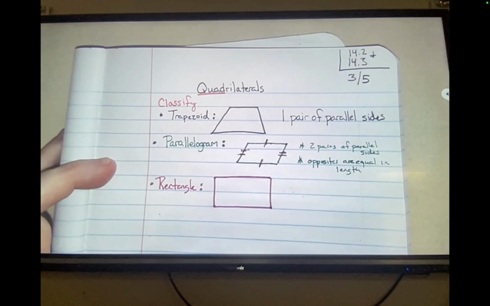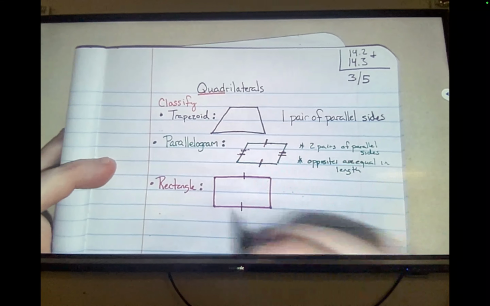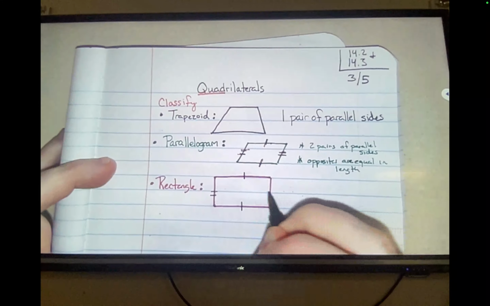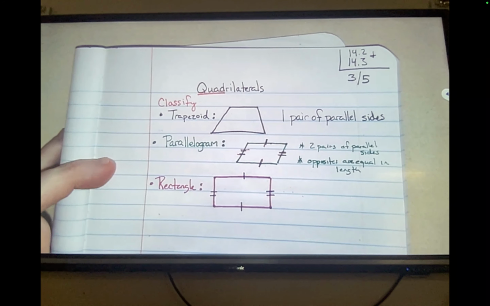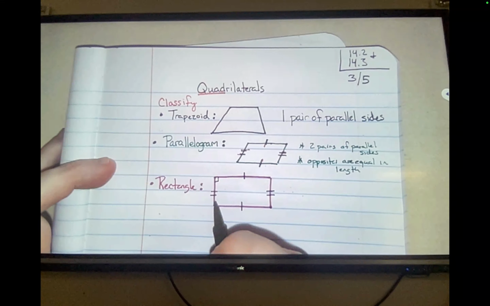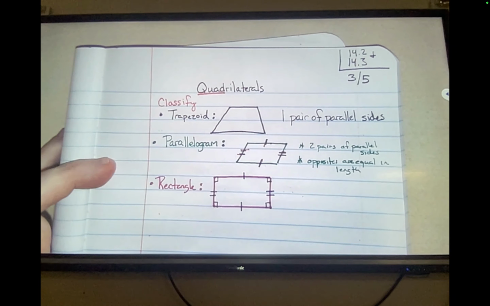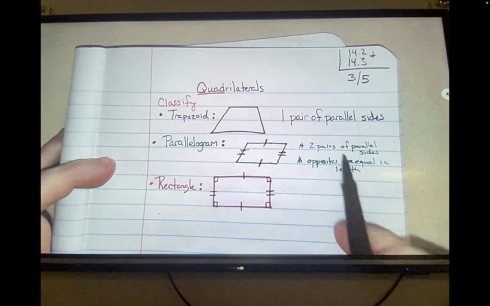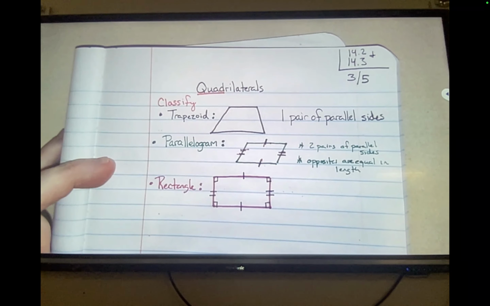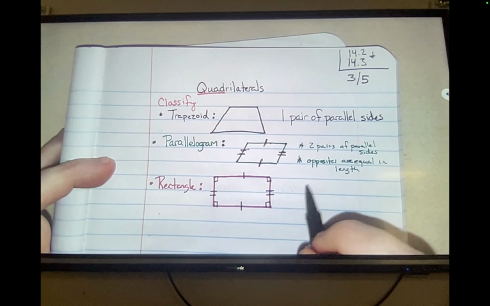And so again, this side is the same as this side, and this side is the same as this side. The difference in this one is that we also have right angles. So right angle here, right angle there, right angle here, right angle there. So everything that it says with the parallelogram, it has two pairs of parallel sides, has opposite sides of equal length, but this one also has 4 right angles.